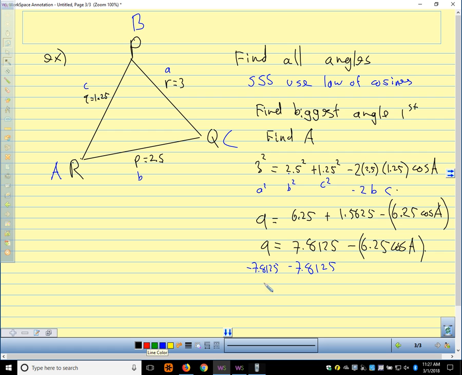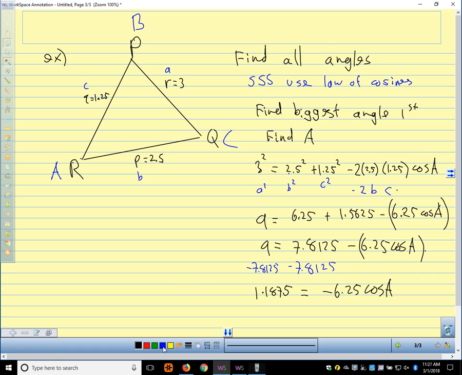So 9 minus 7.8125 is 1.1875. These go away, and I get that equals minus 6.25 cosine A. Now I can do something with that negative 6.25. I want to get cosine A by itself, so what am I going to do? Divide.